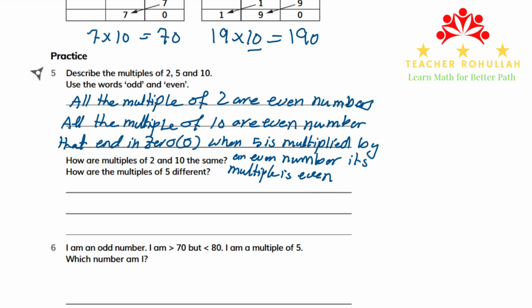But when 5 is multiplied by an odd number, its multiple is also odd.